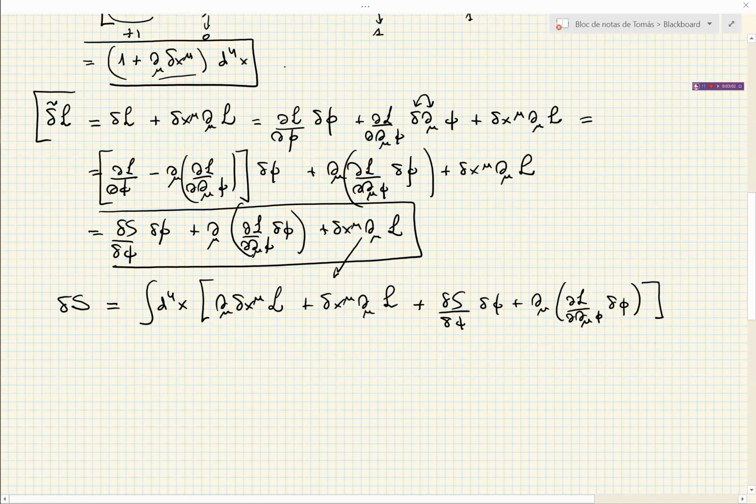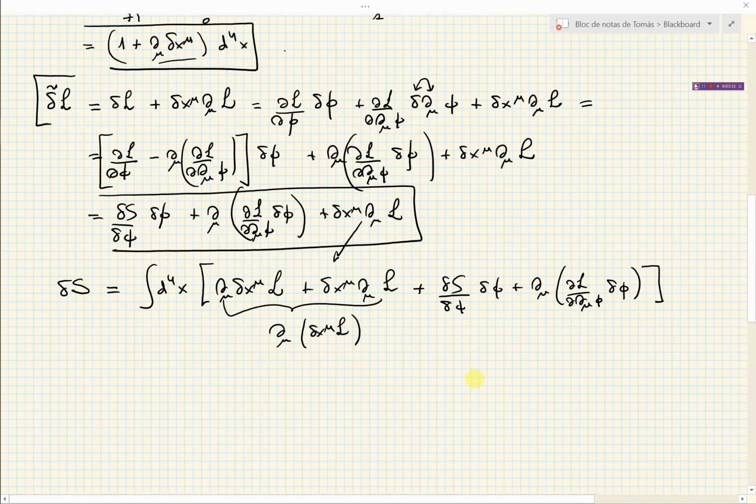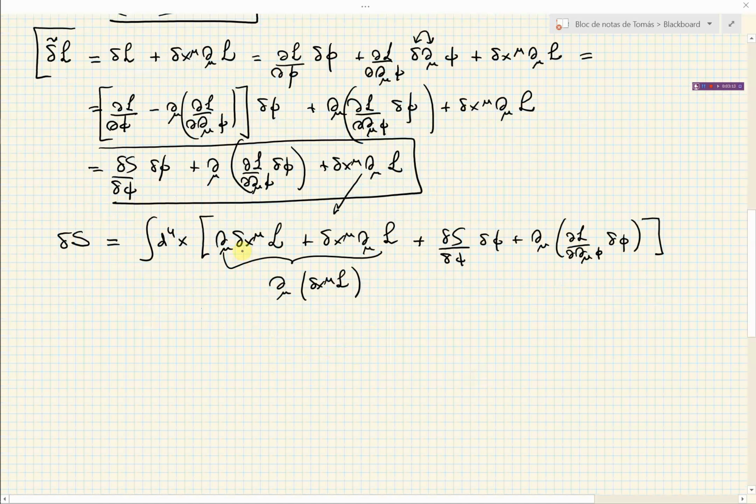Okay, now these two terms combine in another total derivative. I am not even assuming that the δx^μ is constant or anything.